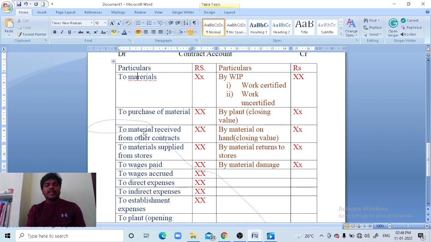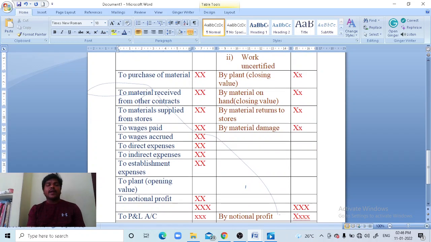Material received from other contracts: for example, the contractor undertakes 2 or 3 similar works, so sometimes he may adjust material between his contract works. Whatever material is received from another contract is also entered on the debit side. And material supplied from stores means from the godowns; whatever material comes from the stores is to be added into the debit side of the contract account.